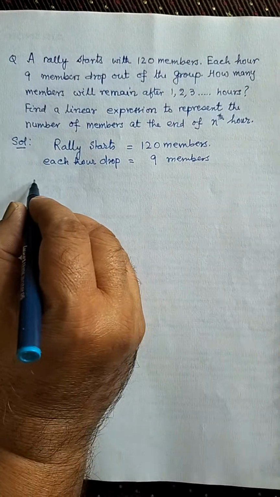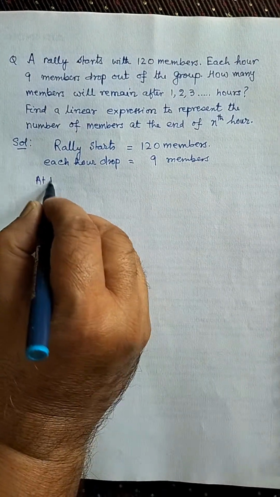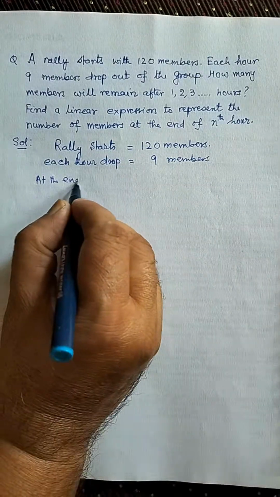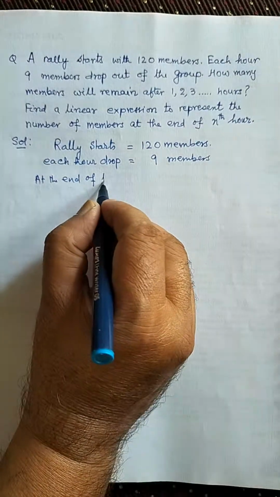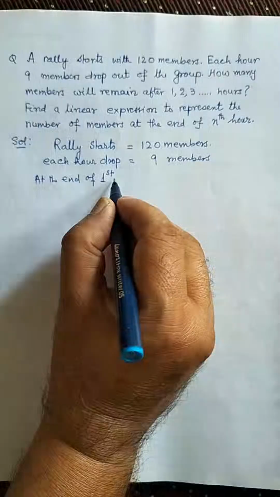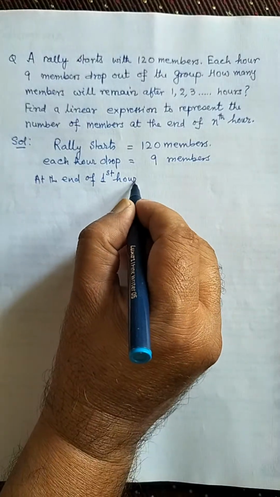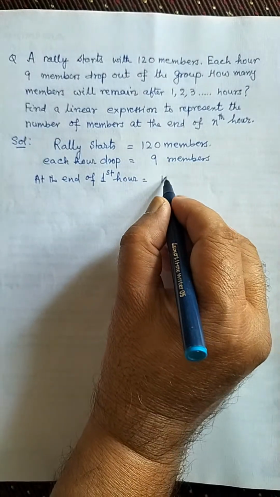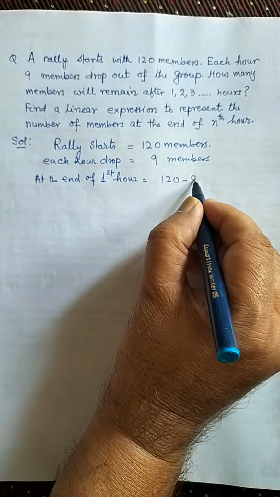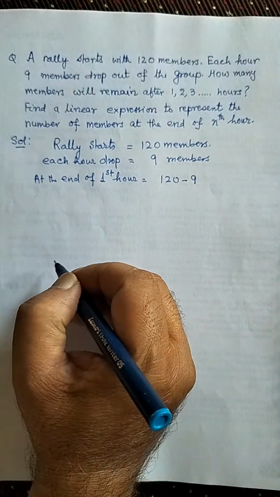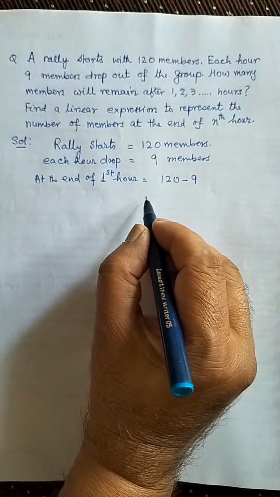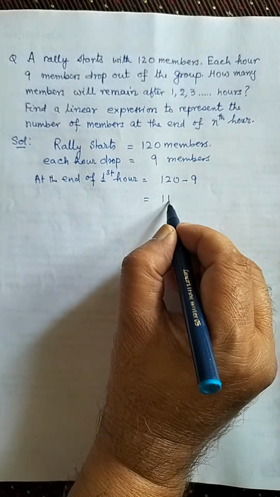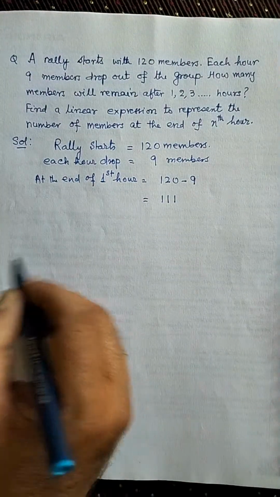So at the end of first hour, you will have 120 minus 9. Got it? So this gives you 111 members are left.